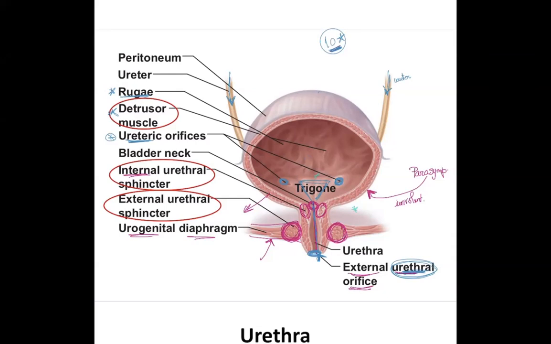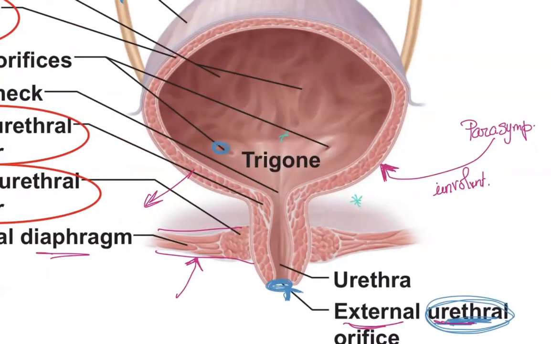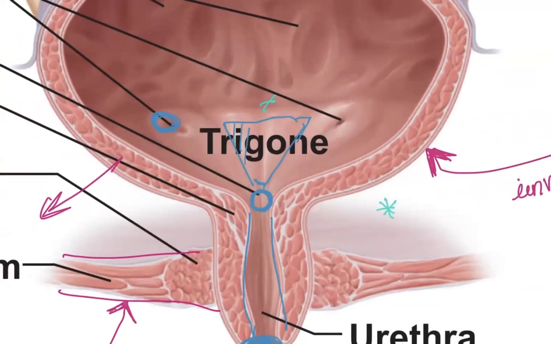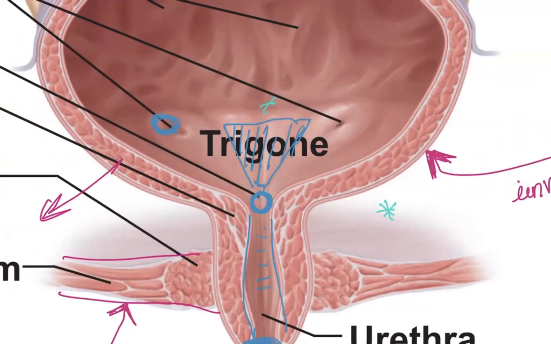And something I want you to notice on here is, see, this is my trigone, this triangular shaped part. And this is the urethra, the tube. The connection here between the trigone and the urethra, this is the bladder neck.